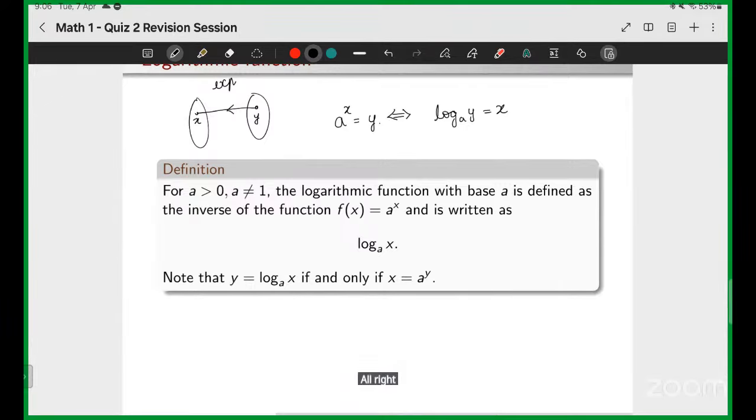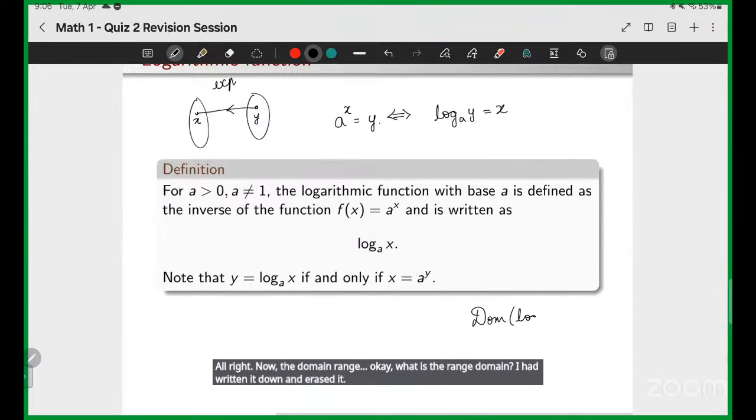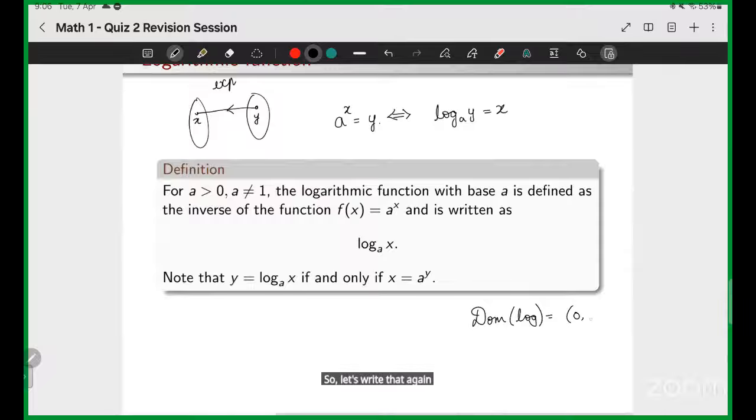Now, sir, domain, range. Okay, what is the domain? I had written it down and I erased it. So let's write that again. The domain is 0 to infinity. What is the range of log? R. Domain of exponential.